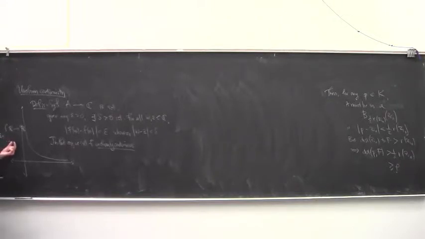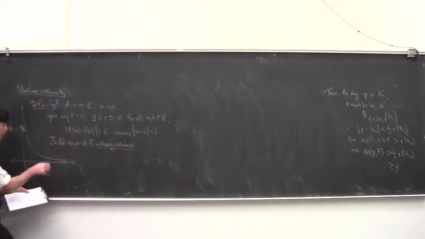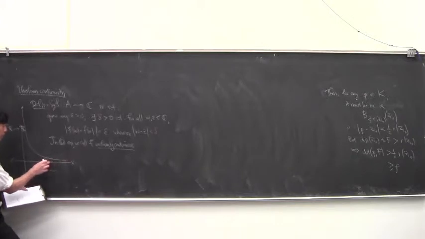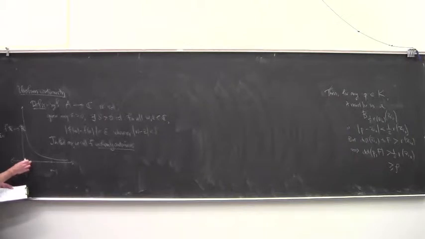No. Maybe you can over here, where if I take my delta to be something like this, as long as points are this far apart, the outputs don't vary that much. But as I get closer to 0, I could have two points quite close together whose outputs vary a lot. So the continuity isn't uniform.